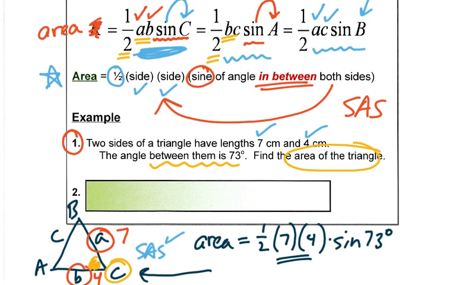Great, and now you can actually put that directly into your calculator just as it is. I'll put it in mine right now. When I do 1/2 times 7 times 4 times the sine of 73, if I round it, I get about 13.4. And that's the area of that triangle.